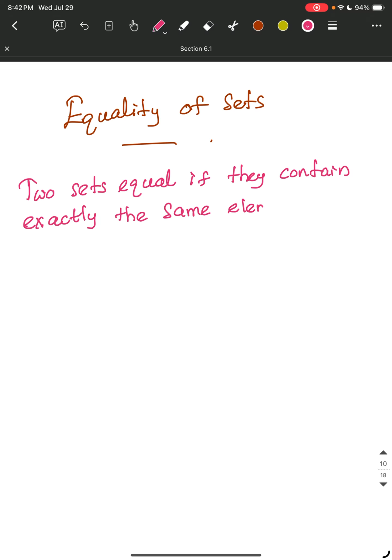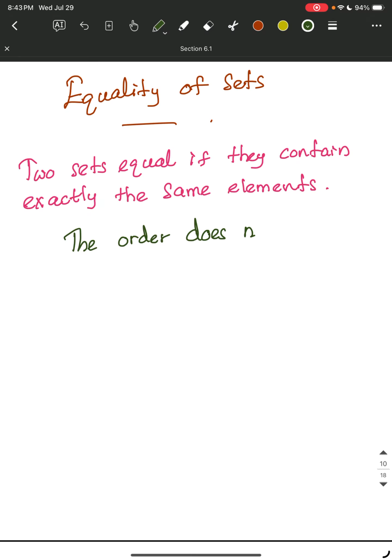The order does not matter. The main note: the order does not matter. Repetition does not matter.